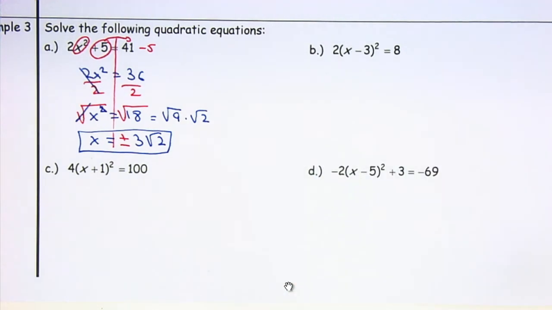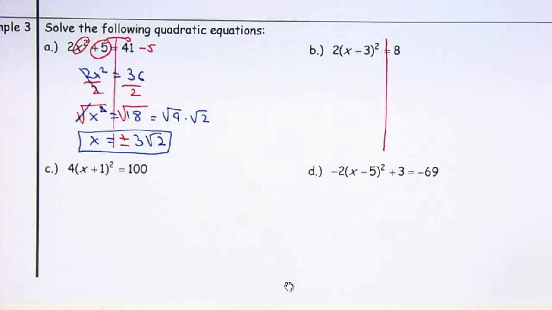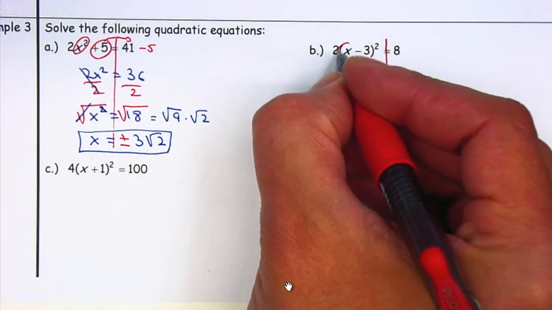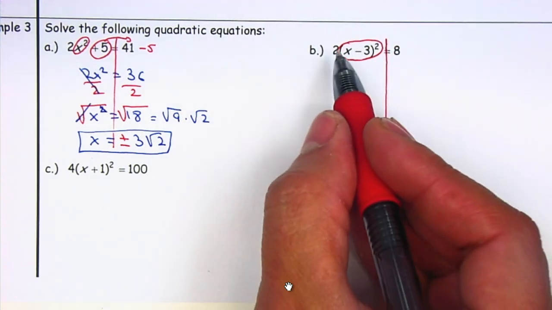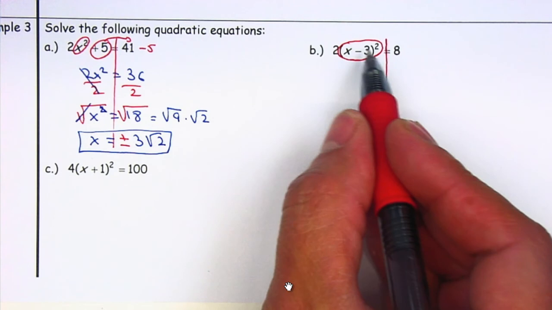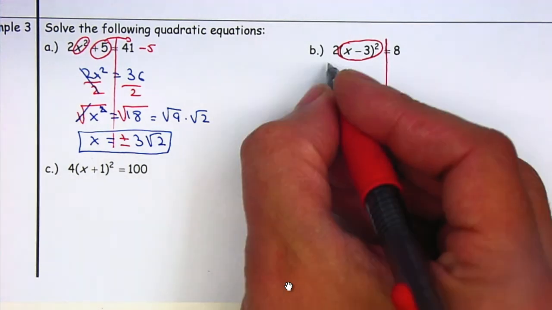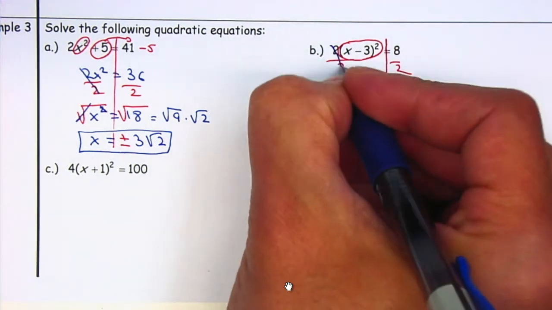Now in example number 2, or letter B, we're going to go through the same process. Remember that before we can get rid of the square, we want to be able to leave this by itself. Many of you guys are tempted to multiply the 2 times the x and the 2 times the negative 3. We can't. So we're going to get rid of the 2. We're going to divide by 2 on both sides. The 2 gets cancelled.